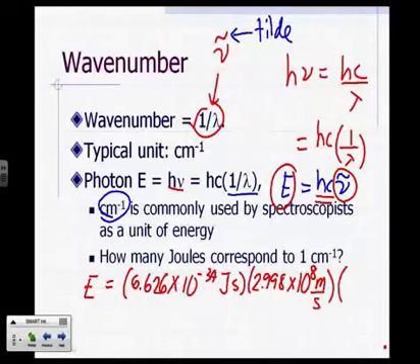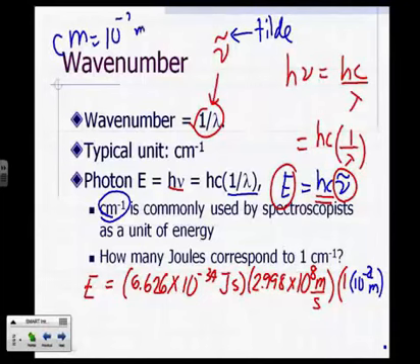And 1 reciprocal centimeter would be 1 over 10 to the negative 2 meters, since a centimeter means 10 to the negative 2 meters, but I have to take the reciprocal of that, so raised to the power negative 1. So that's equal to how much?